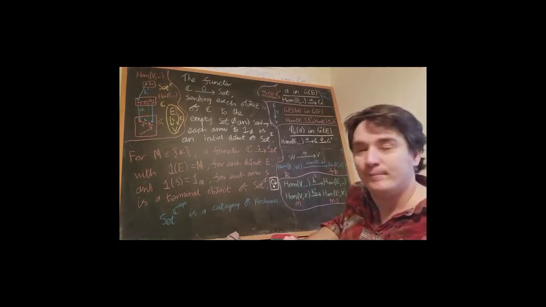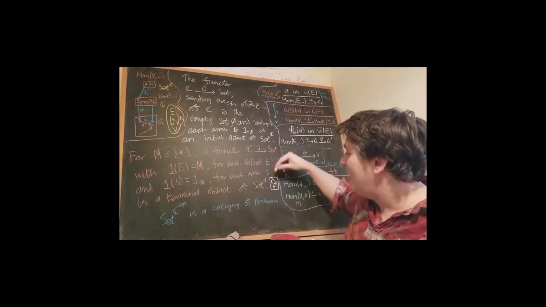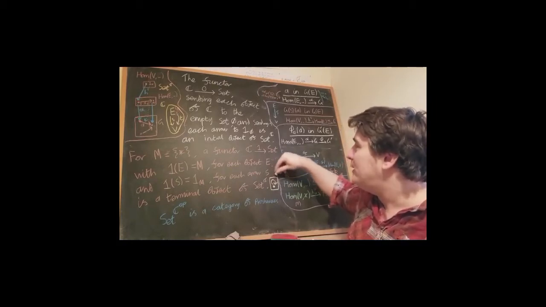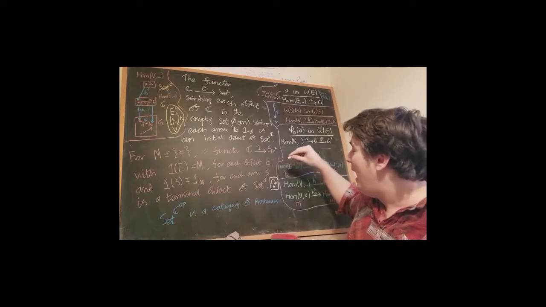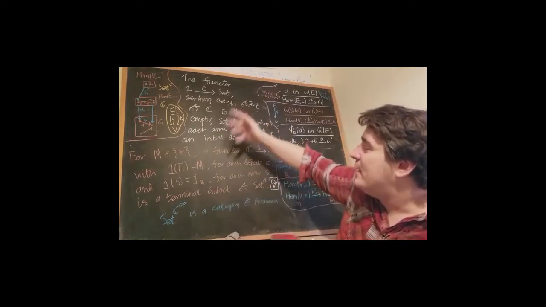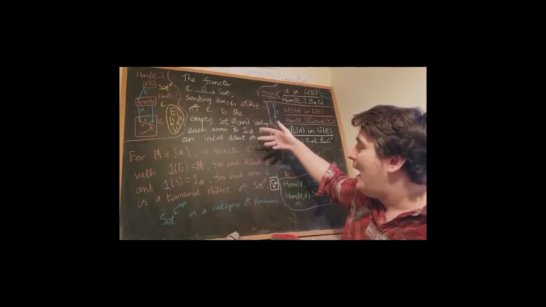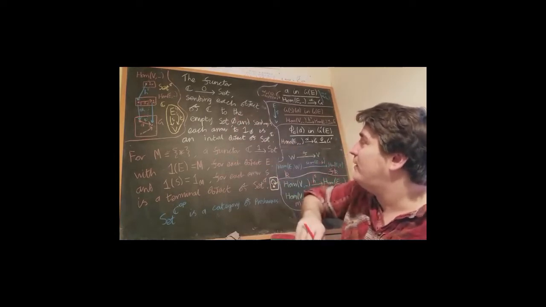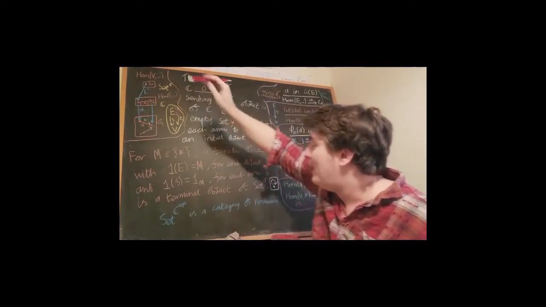And actually the terminal object in the category of dynamical systems is just a single fixed point. It has the same picture, and I urge you to prove that this construction does give you a terminal object in general in set to the power of C.